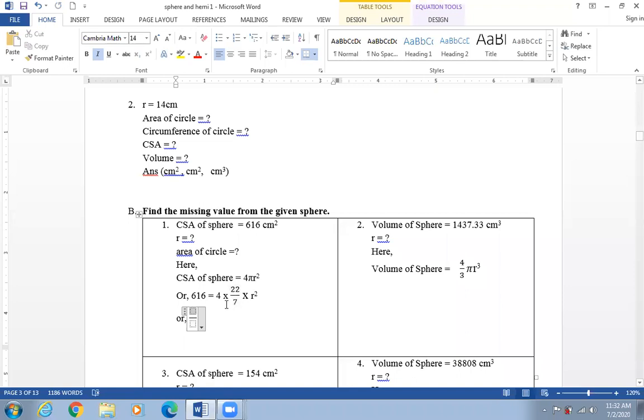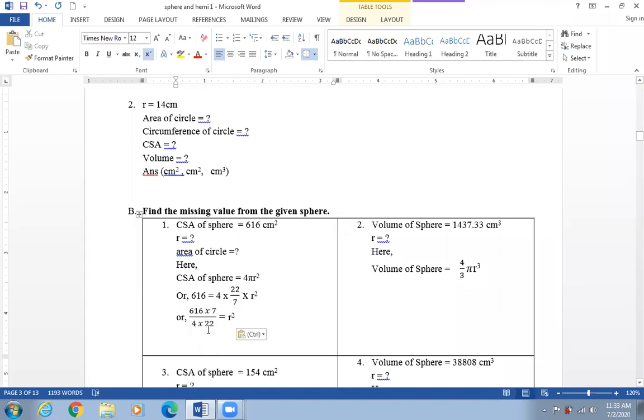Okay, then after that, what we need to do? Let us take the divide sign to this side. 616 will be there into 7. The divide sign, that means 7 when it goes to the other side, becomes multiply. And when multiply goes to this side it will be divide. That means 4 into 22 goes in the divide sign.